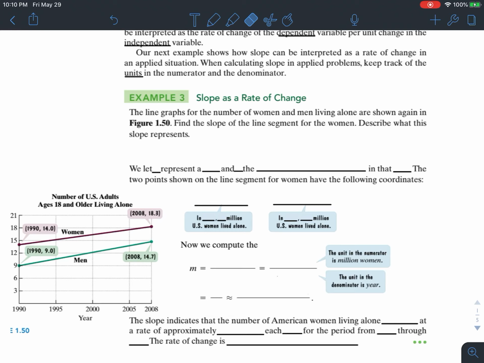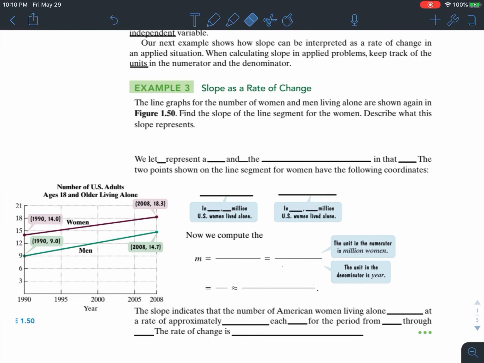Okay, well, we know how to find slope, right? So we're going to need some units, though. And so we're going to let x represent a year. And we're going to let y represent the number of women living alone in that year.